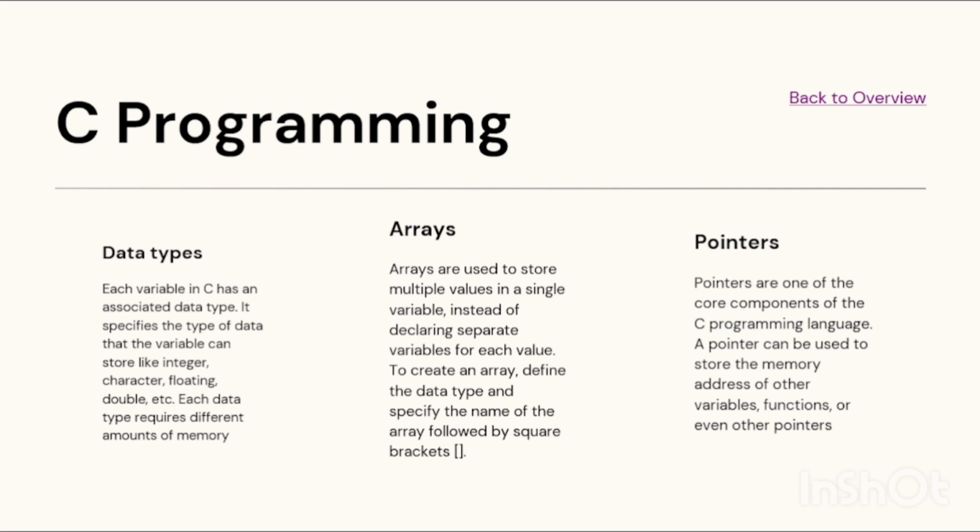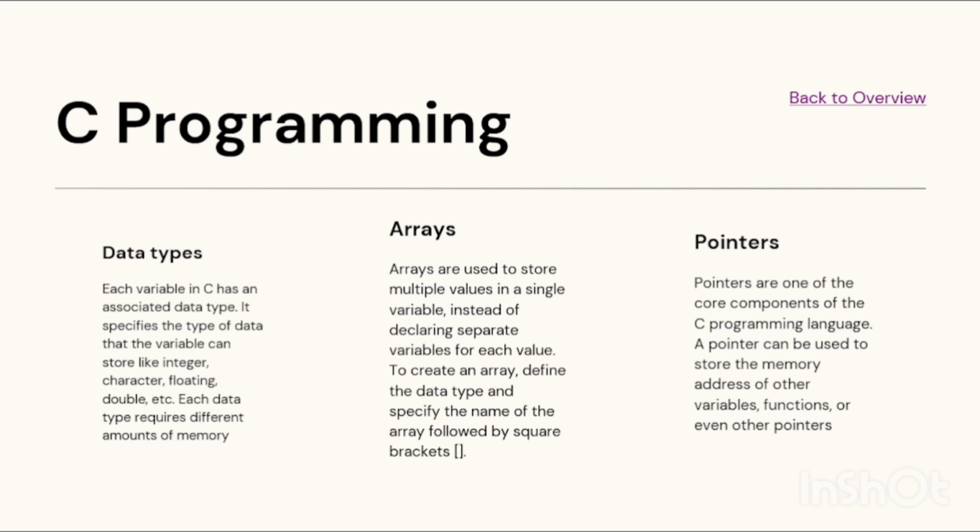If we use an embedded system like a microwave oven, we give several inputs like time, how many degrees Fahrenheit to cook the food, and how many minutes it has to operate. For giving that input, we use data types. Arrays are used to store multiple values in a single variable, instead of declaring separate variables for each value.